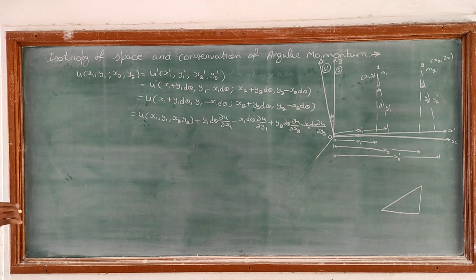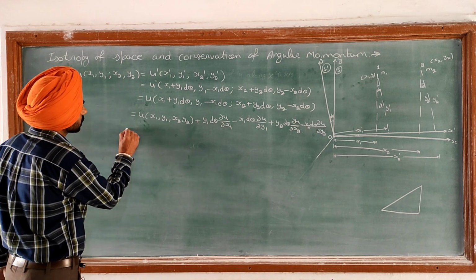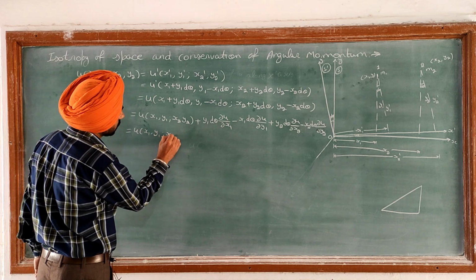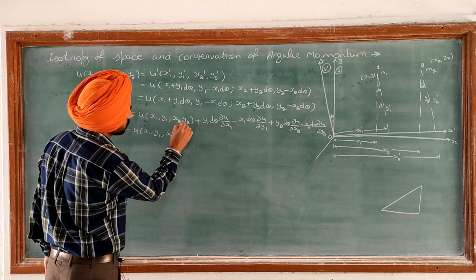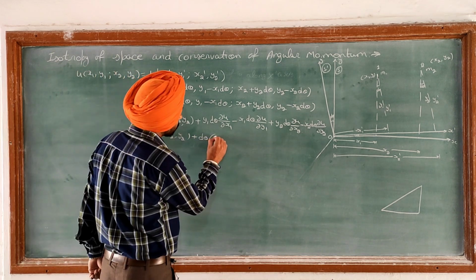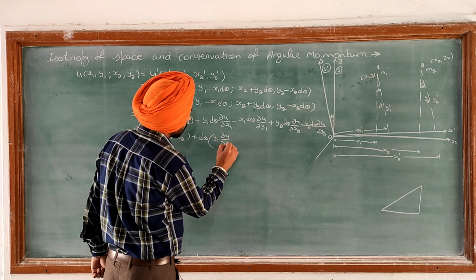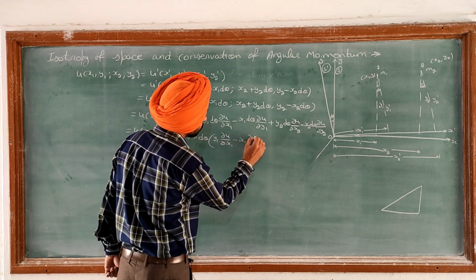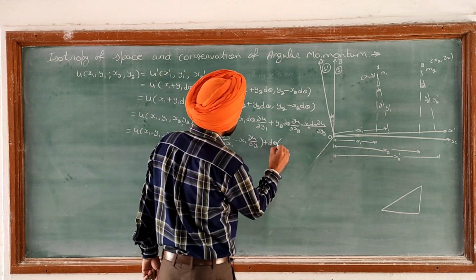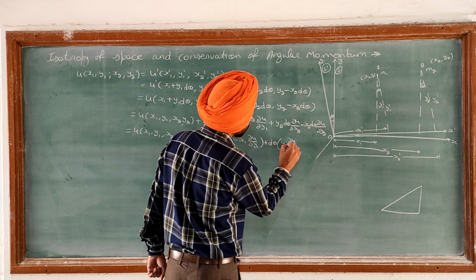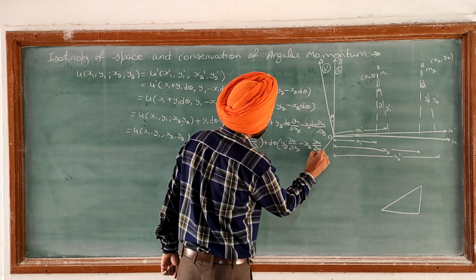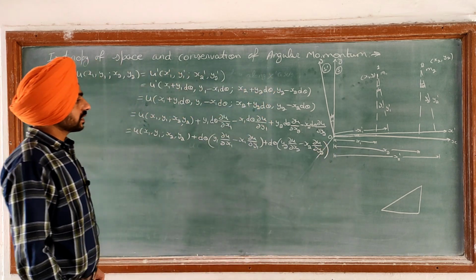Now we will rearrange this expression as U of x1 y1 x2 y2 plus d theta common, y1 curl U upon curl x1 minus x1 curl U upon curl y1, plus d theta again common, y2 curl U upon curl x2 minus x2 curl U upon curl y2. So I have rearranged the expression.